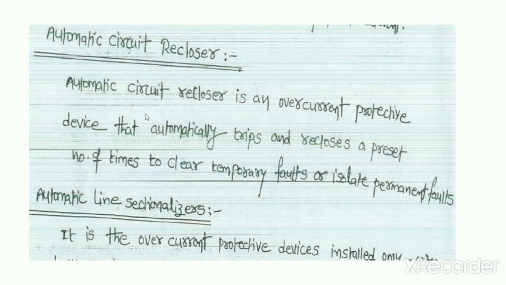Suppose we have different types of faults, that is symmetrical faults and asymmetrical faults. Some faults will be rectified automatically depending upon the time. If the recloser operated at that time, a discontinuity of supply would be obtained.